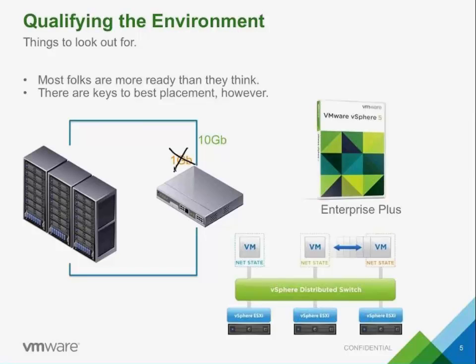But if your customer's really thinking about adopting this in a large way, especially working out into a hybrid cloud type of solution, then I recommend that you look for customers that are already on their way to or have already adopted 10 gigabit networking.